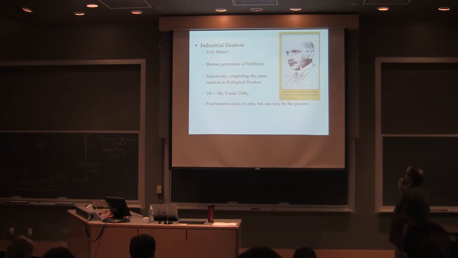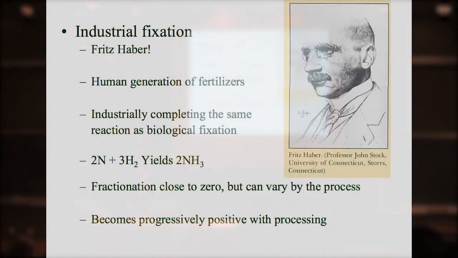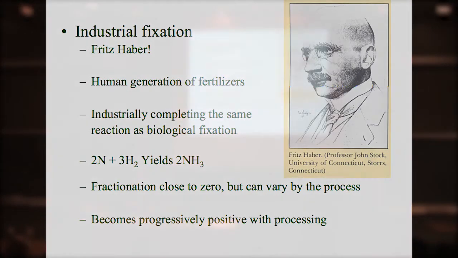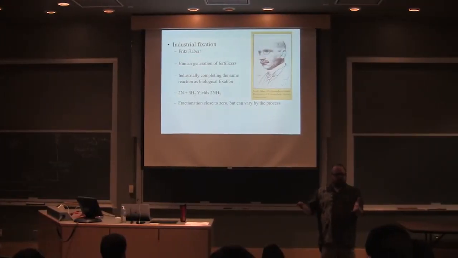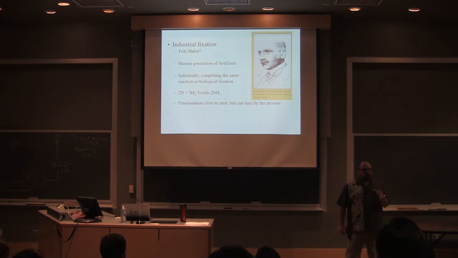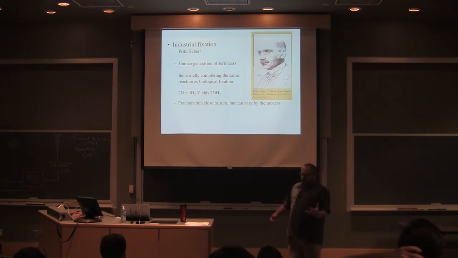So Fritz was German. He was a rah-rah guy in World War I. He headed up the chemical weapons program for the Kaiser in World War I, generated mustard gas and every other nasty thing that they were putting into warfare at that time. Then between the wars, there was a big drive worldwide that the limitation to killing each other was there wasn't enough substrate to make explosives, because nitrate was very rare.